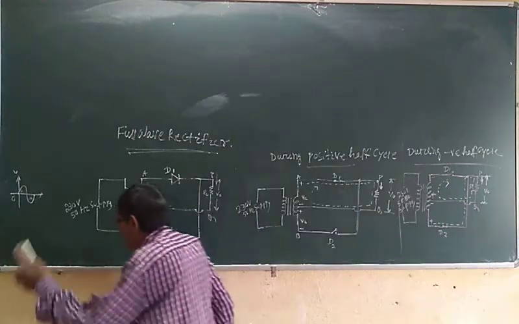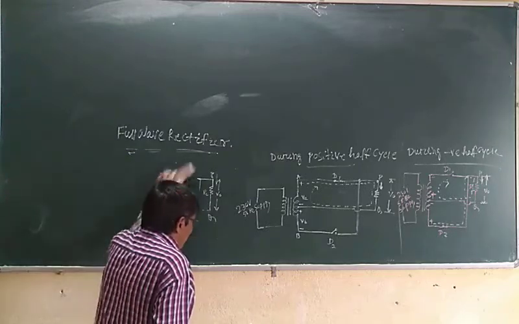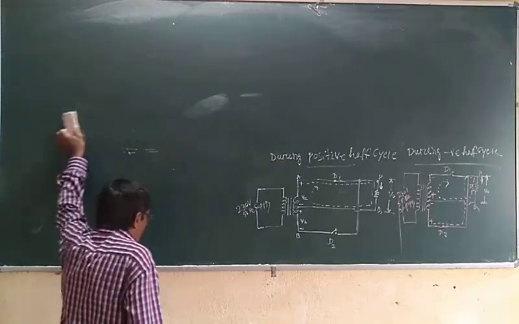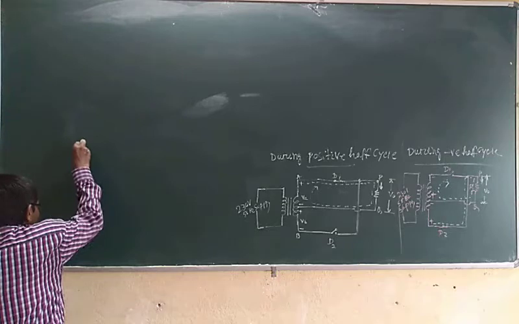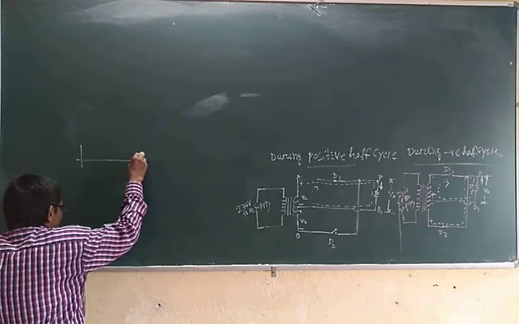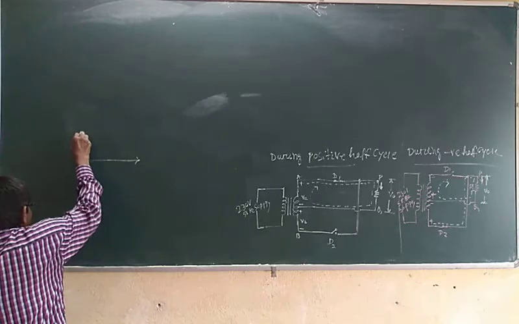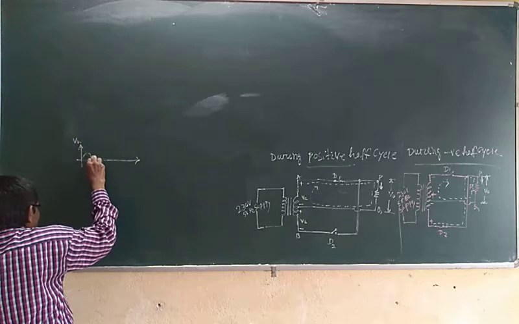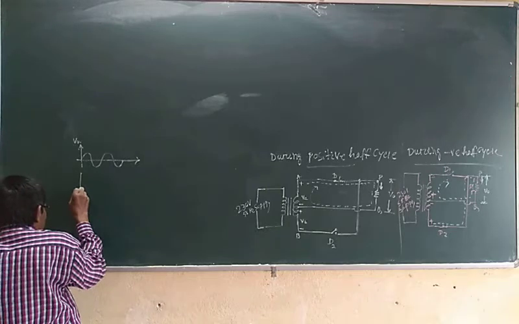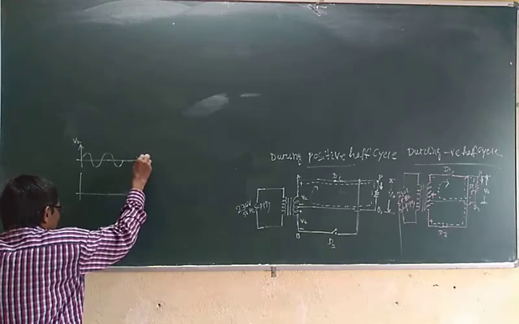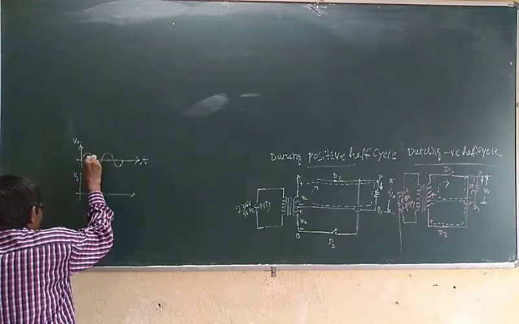Now we discuss the figure or waveform diagram. In the waveform diagram, the input voltage, or supply voltage waveform, is VA, and this is VB.